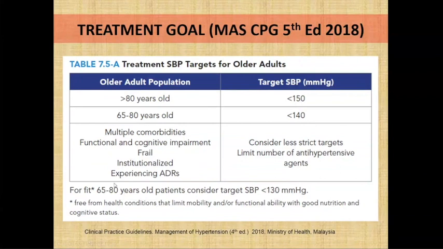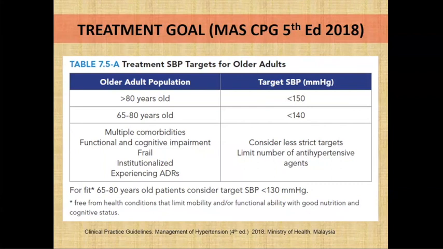Fit, older people. How do you define fit? The word fit is very broad terminology. Okay, fit means they don't have any comorbid condition, any health condition that is equivalent to frailty.